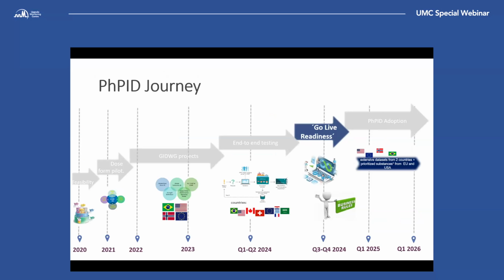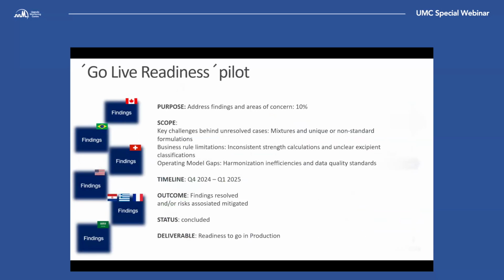Let's move on to the Go Live readiness pilot. The goal with that was to address the remaining 10% of cases, where we had been facing the trickiest scenarios, like substances, mixtures, unique or non-standard formulations, for instance, and cases where business rules weren't that clear.